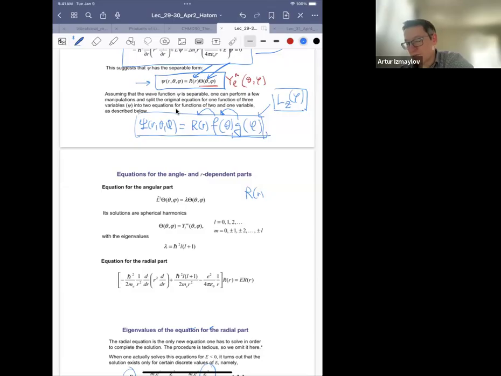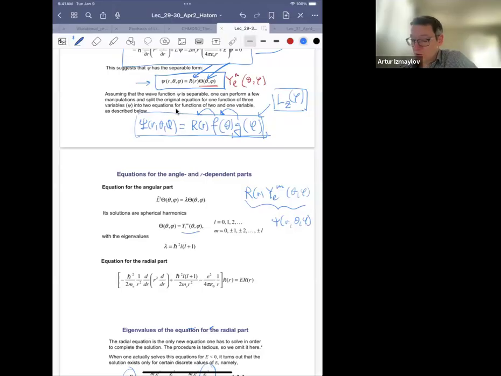Big R is just a function of the small r radial variable. And we use spherical harmonics as another product, a function of theta phi, right? So this is psi of r, theta, phi.